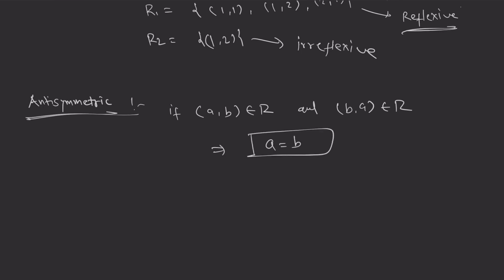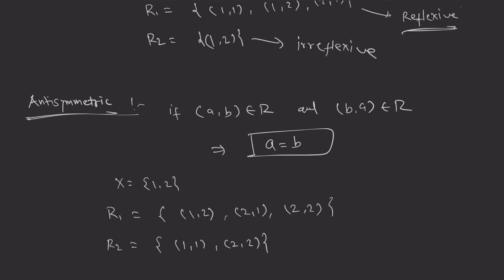For the same set 1 comma 2, we define a relation R1 as 1 comma 2, 2 comma 1, 2 comma 2, and R2 as 1 comma 1 and 2 comma 2. Is R1 antisymmetric? No, it is not.